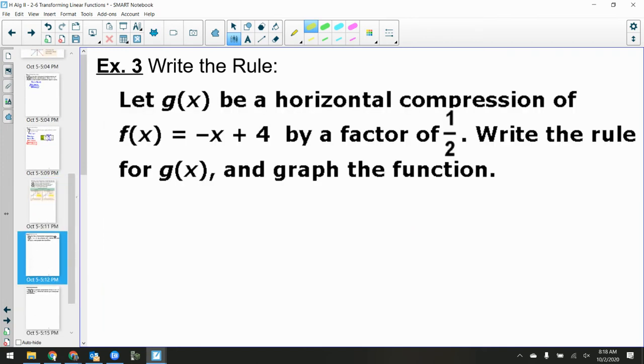Let g of x be a horizontal compression of f of x, where that function is negative x plus 4. And we're going to horizontally compress it by a factor of 1/2. Okay, so that means, what's my rule? f of x maps to what? Horizontal compression by 1/2.